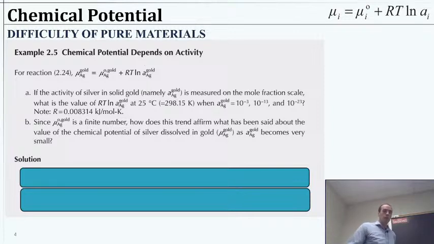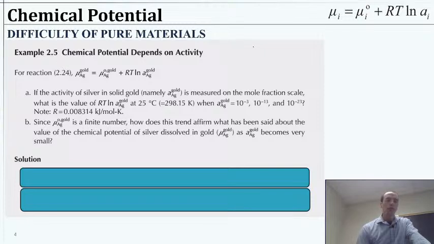In this situation, if we have the activity of silver in gold, so we've got some, this is each mu here that has a subscript of silver and a superscript of gold. So, and I forgot to bring over the equation. I might go find that in a second.